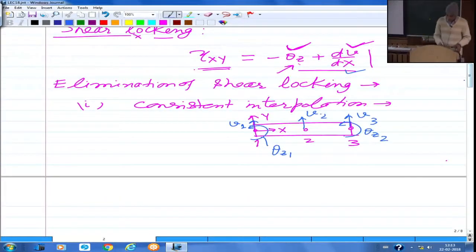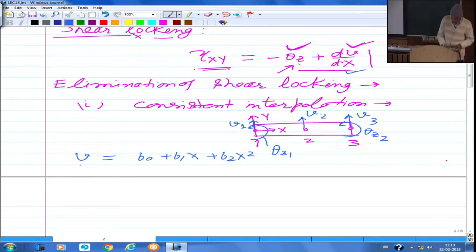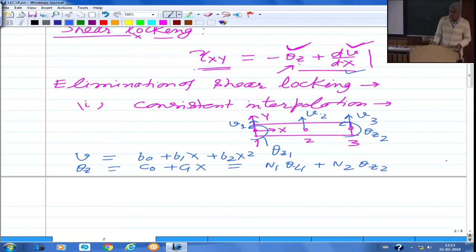Now based on these considerations, V is taken as B0 plus B1 x plus B2 x square, and theta z is equal to C0 plus C1 x. In terms of shape functions, you can write this as N1 into theta z1 plus N2 into theta z2, where N1, N2 are 1 minus x by l and x by l. Similarly for V, you can write in terms of shape functions.